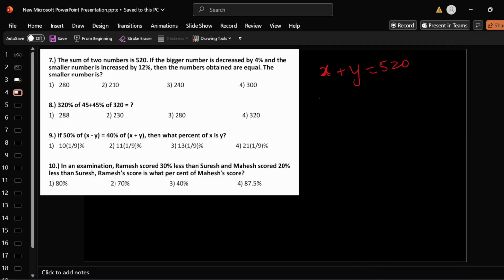So we have to read the question carefully. The sum of two numbers is 520. The bigger number is decreased by 4%. So this is the bigger number and this is the smaller number.